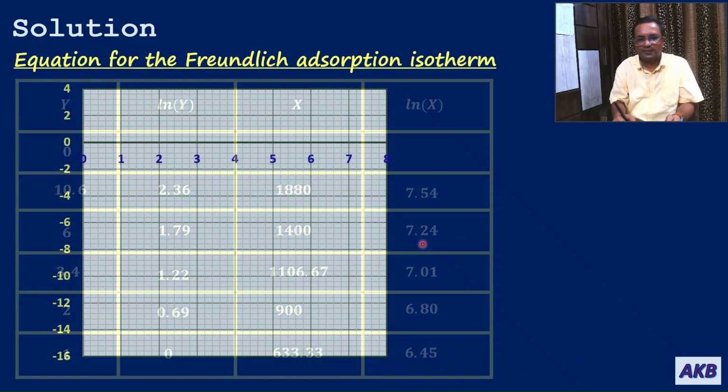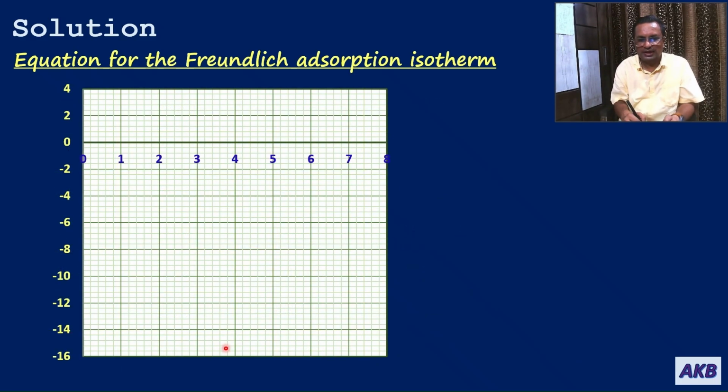So the graph will be plotted like this. In this case, we will be getting the intercept on the negative side of the y-axis. That's why I'm showing this graph. The scale on the x-axis is 1 centimeter equal to 1, whereas on the y-axis 1 centimeter is equal to 2. If I plot ln of y on the y-axis and ln of x on the x-axis, I will be getting a straight line.